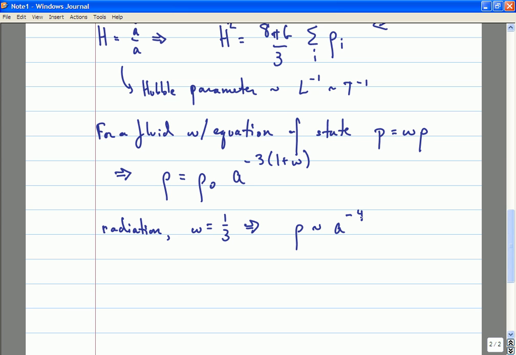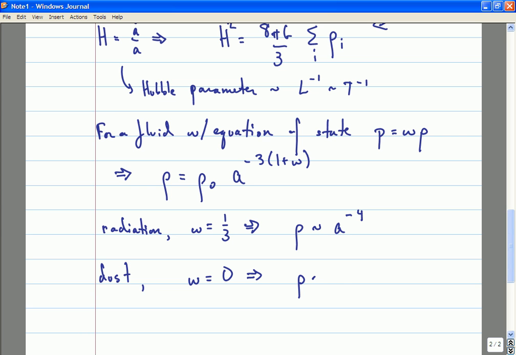So that at very early times, the energy density of a gas of photons or of massless particles will be very large, but then it will very quickly redshift with the fourth power of the size of the universe. Whereas if you have dust, so that w is equal to 0, that's just to say that dust is a pressureless fluid. So for example, by dust here we could mean stars, galaxies, us, anything which does not have pressure.